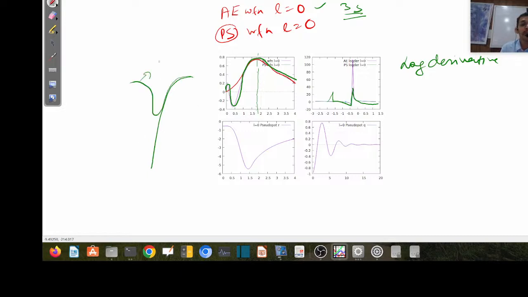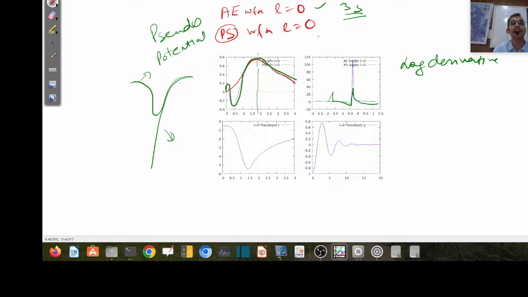So this is the potential, but which potential is this? This is the pseudo potential. And what about this? This is the Coulombic potential. After a certain cutoff, your pseudo potential must match with the actual potential. It's the 1/r like shape. That's it. So this is all about this.